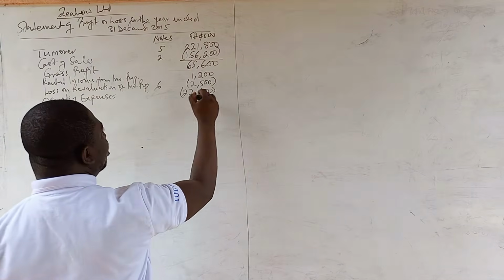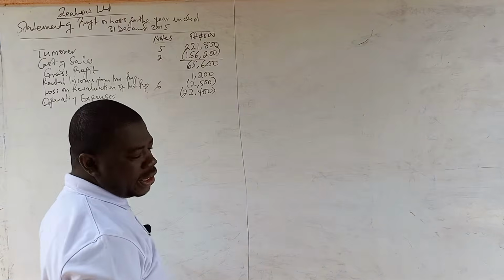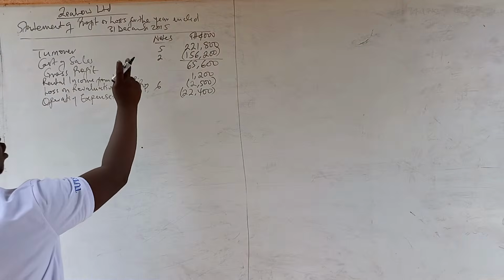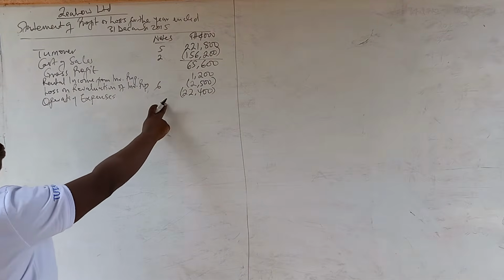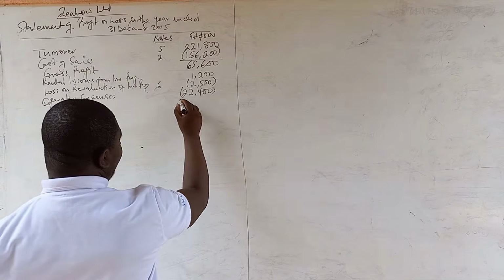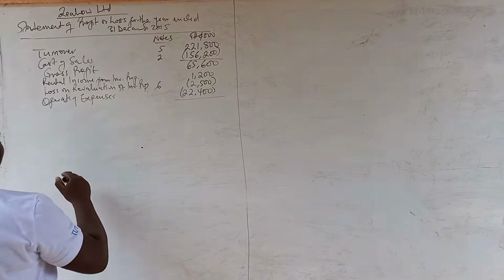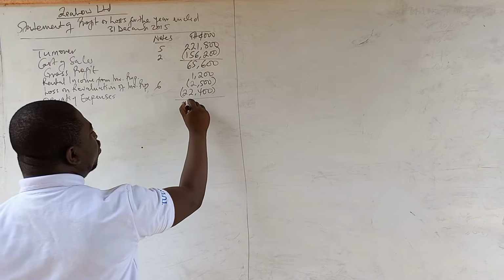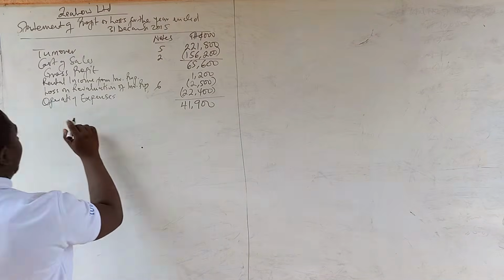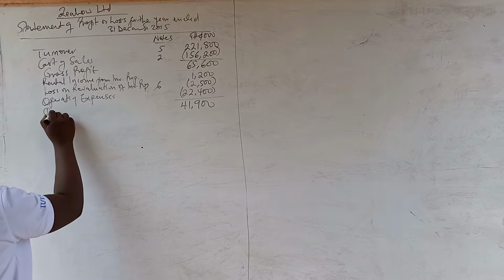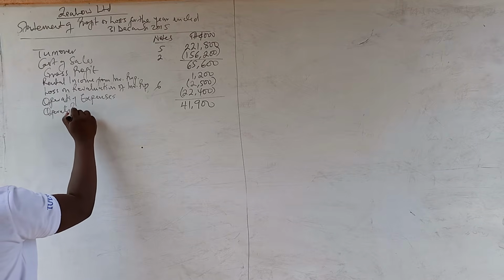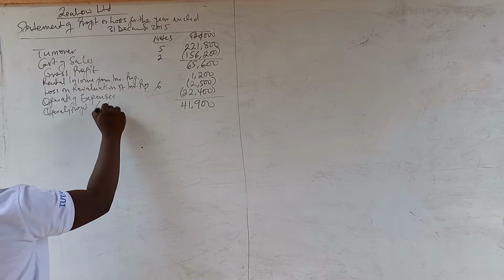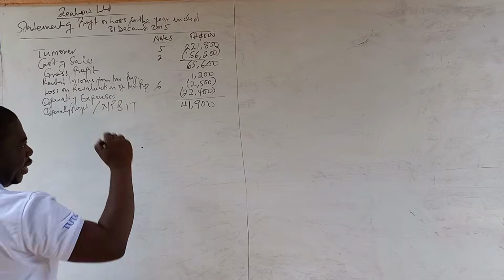That also should be in brackets because we are subtracting. And so it is your other income minus your operating expenses minus the loss on the revaluation of the property. That gives us the net profit before interest and tax. So we are going to have 41,900, and that is your operating profit or your net profit before interest and tax.